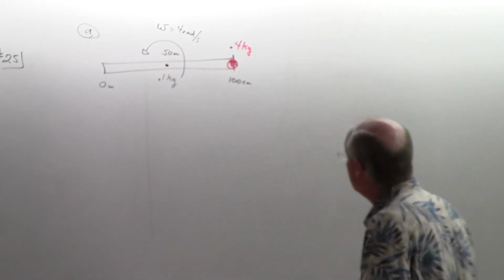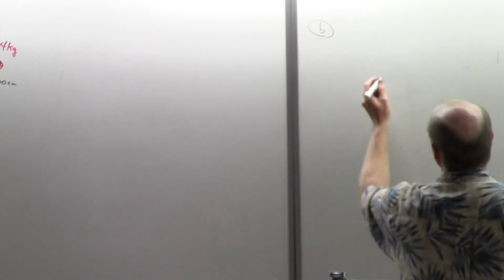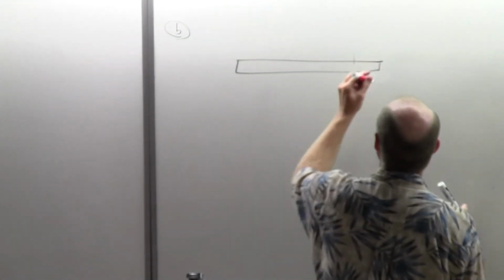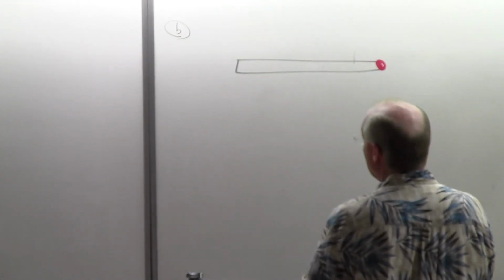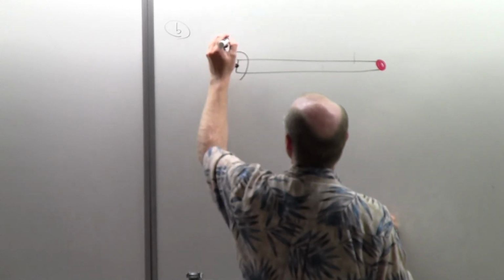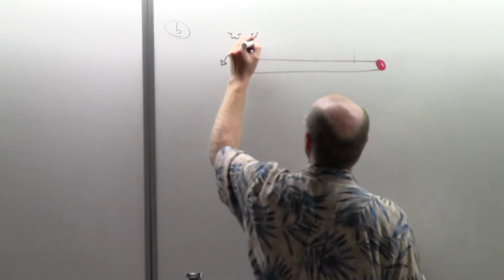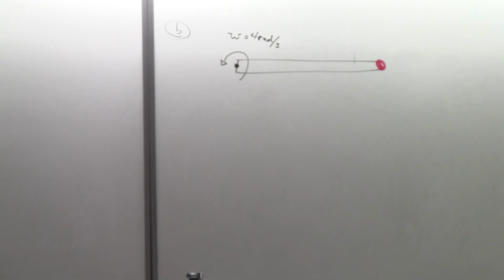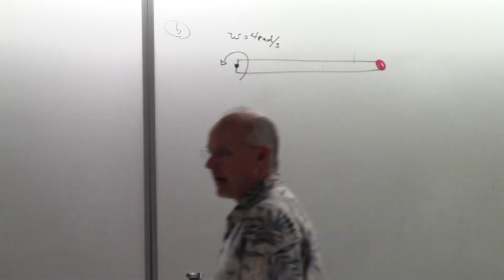And so that would be the picture in A. B looks similar. We've still got our blob out here, but now we've put our axis at a different location, even though it's still rotating at the same speed. And hopefully it won't be a surprise to you that no, this won't come out to be the same angular momentum, right? Will not. So let's do a calculation.